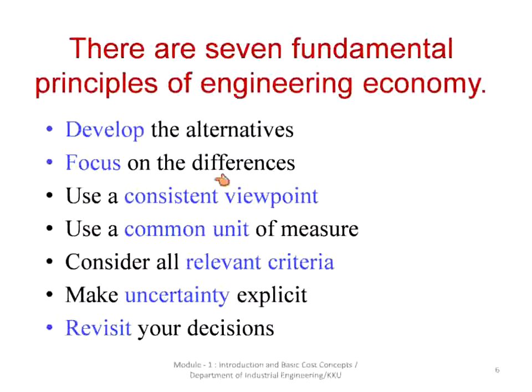Then focus on the differences. What is the difference between these mechanics? What is the facility he has? Is he having all facilities, tools, equipments, good machines to maintain? Get the difference. Then use a consistent viewpoint. Consistent viewpoint means when you're checking, don't change your factor for checking.